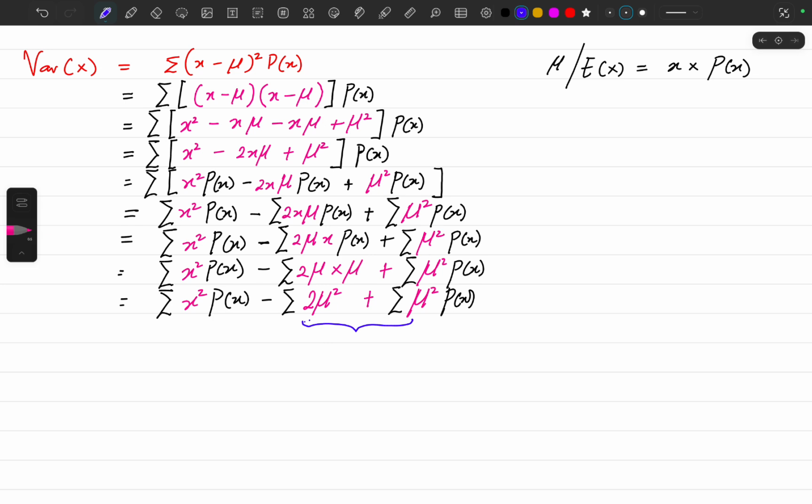In that part there, you will notice that mu square seems common, right? Mu square is definitely common. So it's more or less like you're saying the summation of the mu square. Mu square is very much common, as you can see from this part of the video, right?